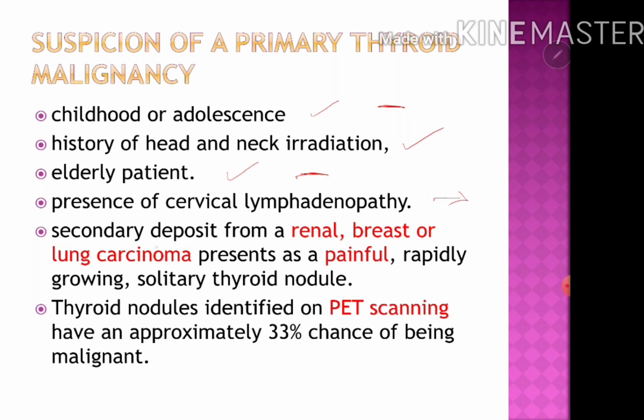And if the patient has a previous history of renal, breast, or lung carcinoma, and the nodule is usually painful and rapidly growing, or it is a solitary thyroid nodule, this goes with secondary metastasis, or this is a malignant tumor. A thyroid nodule identified by PET scan has about a 33% chance of being malignant rather than a benign nodule.